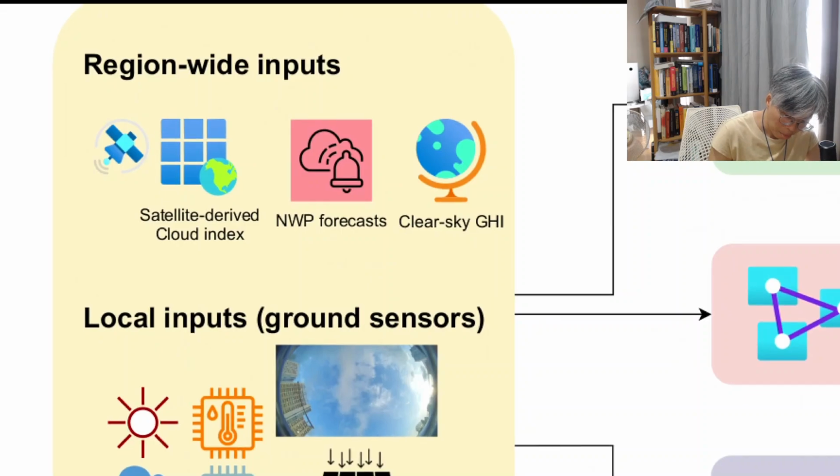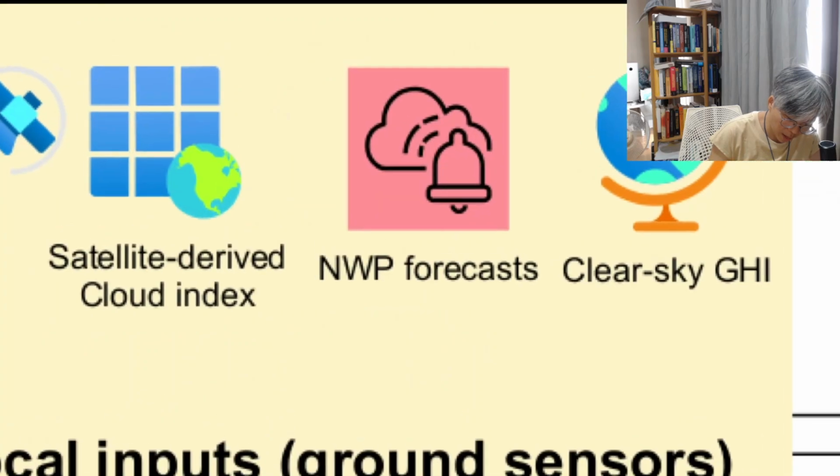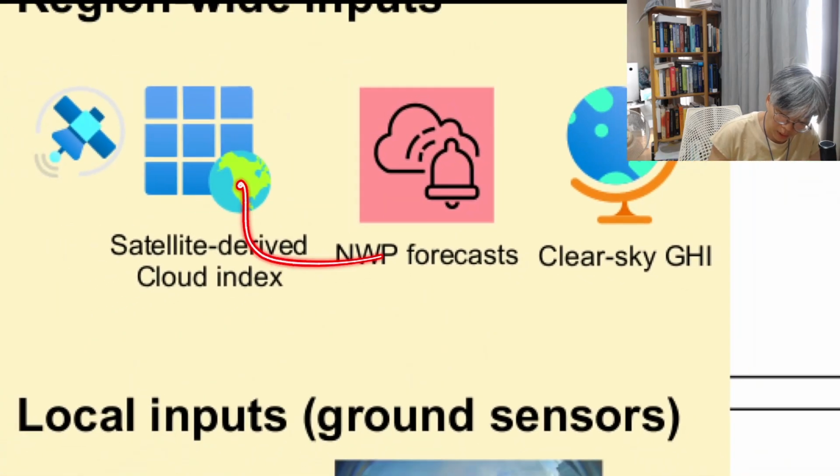For example, from the satellite, we can see the coverage of cloud, and we know that cloud influences solar irradiance, right? Because if there's a cloud cover, the irradiance is less. So whenever you have the satellite, we can get the cloud amount all over Thailand, for example, and you can just extract the one corresponding to your solar site.